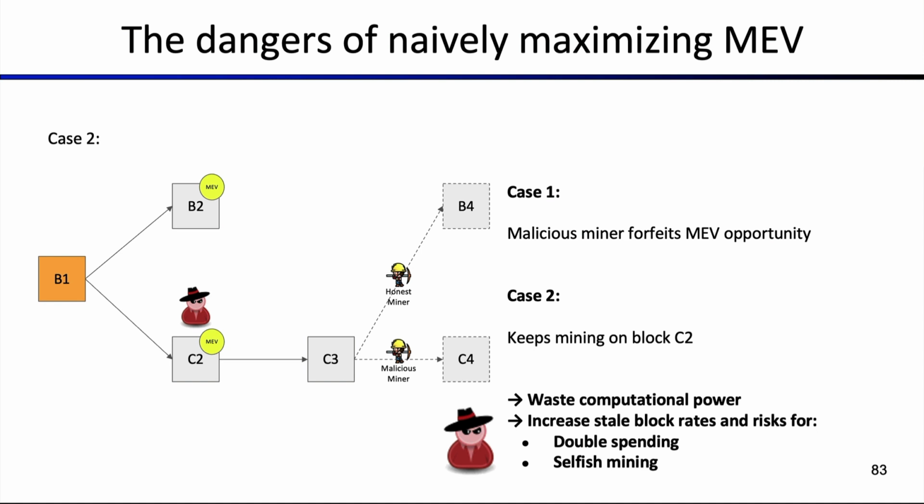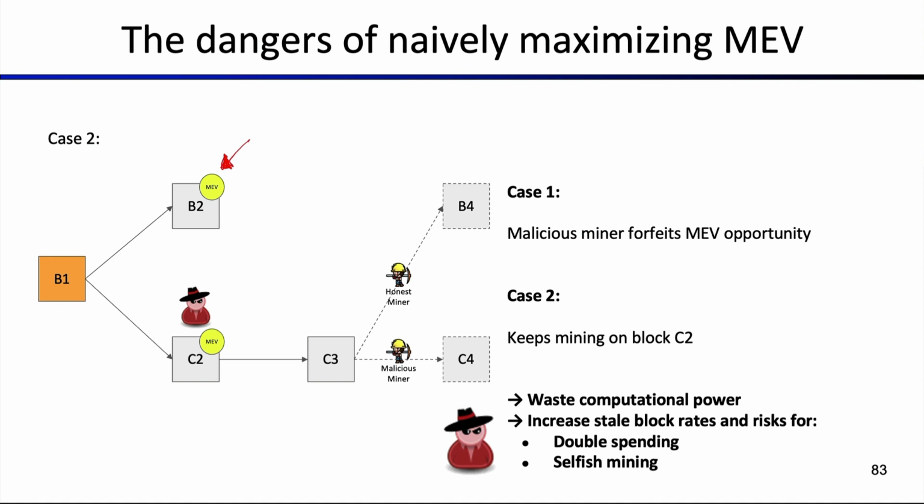But overall, the high-level message here is that this MEV opportunity creates a competition among miners to include this very opportunity. Because it could be mined in any block, but it can only be mined in a single block, not in multiple blocks at the same time.